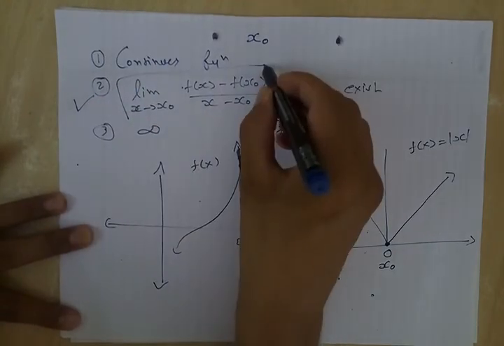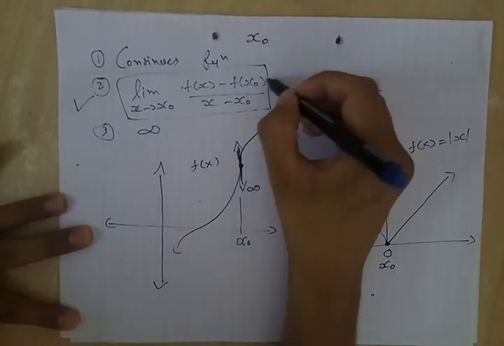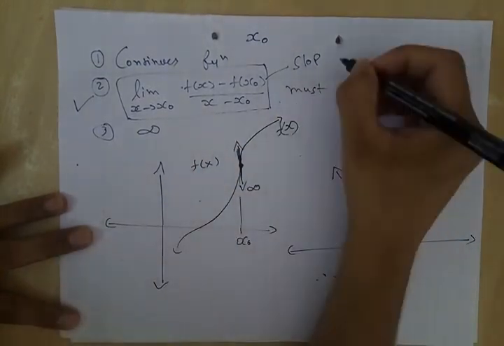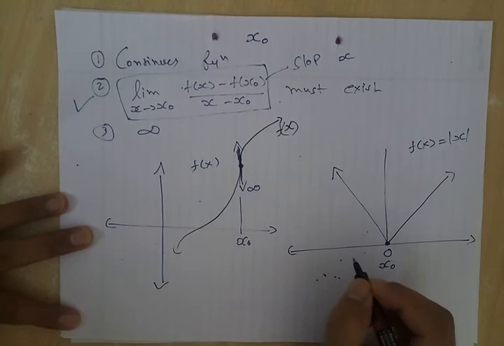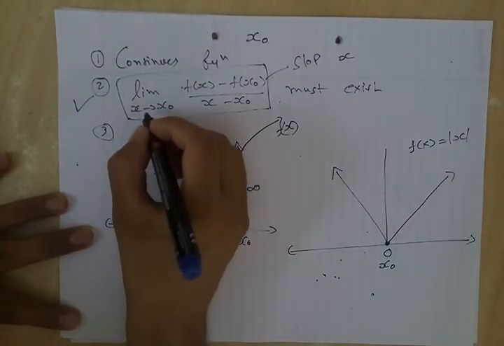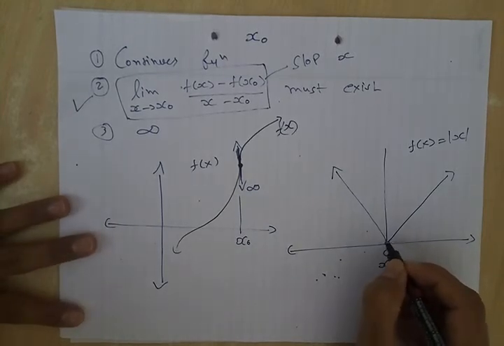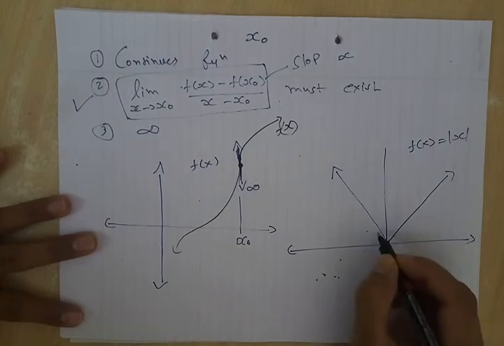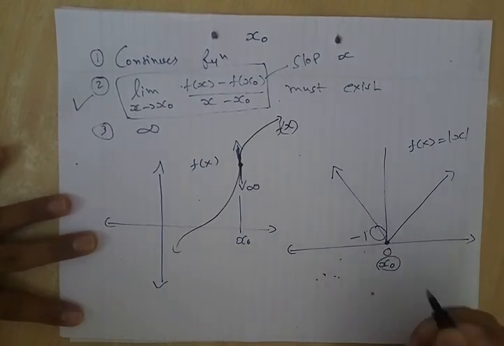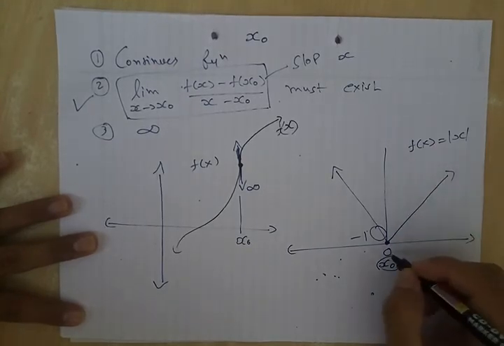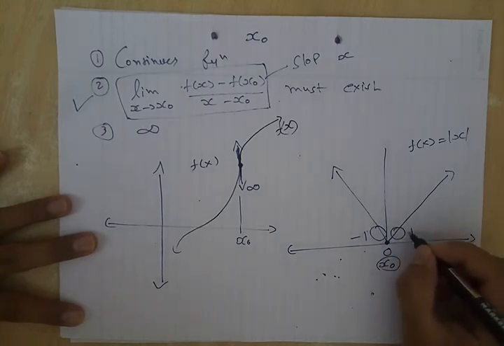Actually this formula is the slope at any value of x. So if we take the left hand side limit, that means if you take the slope at the left hand side of this x0 value, then it will be -1. And if you take the slope of this function immediately right of this x0, then it will be +1.